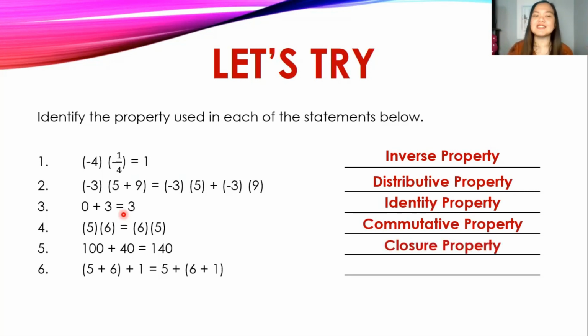And in number 6, the quantity 5 plus 6, plus 1, equals 5 plus the quantity 6 plus 1. Take note of the groupings. When we say groupings, it talks about the associative property. Very good.